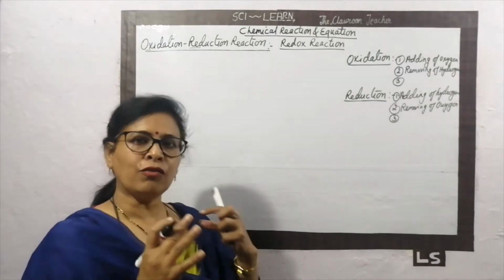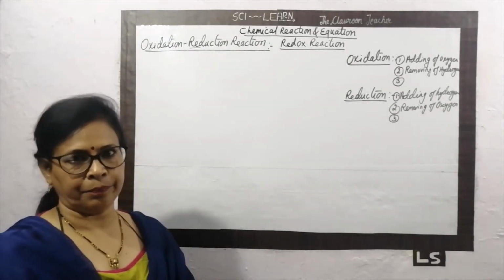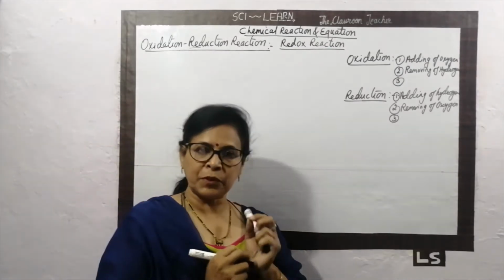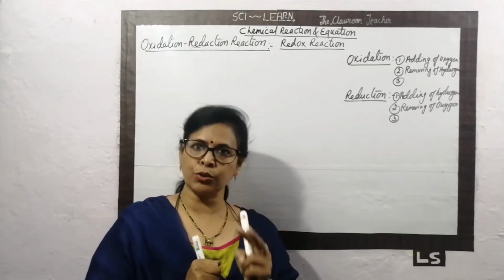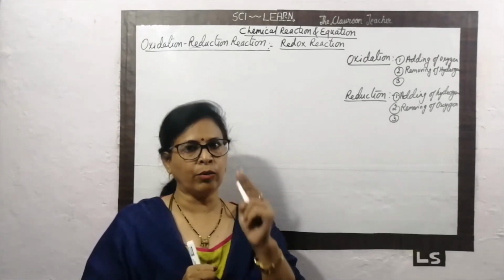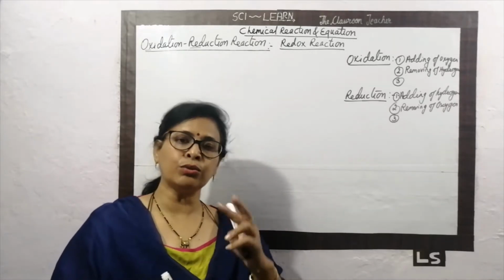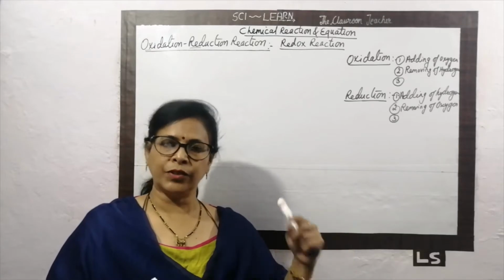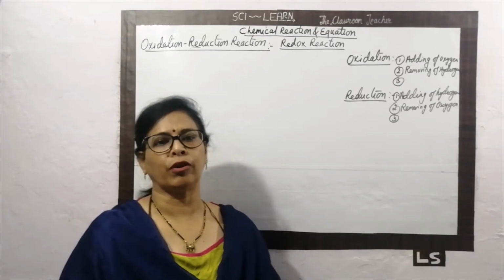For the process of oxidation and reduction, certain agents are needed. Agents are the substances which actually perform the process. Two processes are going on, oxidation and reduction, so two agents are needed: one which is able to perform the oxidation and one which is able to perform the reduction.